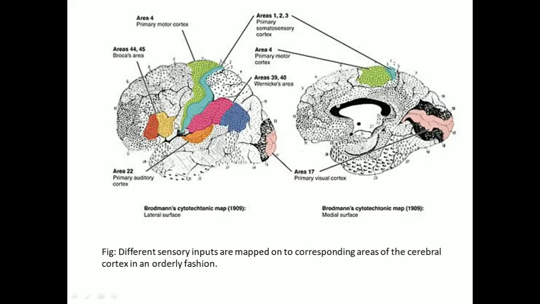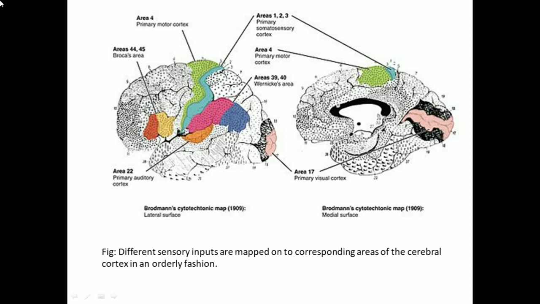Here in this figure we can see the cytoarchitectural map of the cerebral cortex given by Brodmann. This figure clearly shows that different sensory inputs are mapped onto the corresponding areas of the cerebral cortex in an orderly fashion.